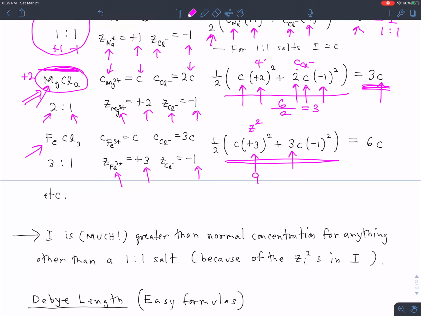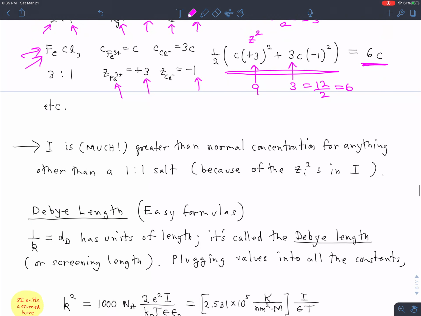And then you've got 3 because there are 3 chloride ions. The 9 plus the 3 is 12. Divide by 2, and that's 6. And so the ionic strength for this solution of this salt is 6 times bigger than the nominal concentration of the salt in solution.